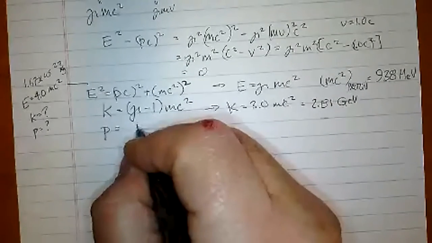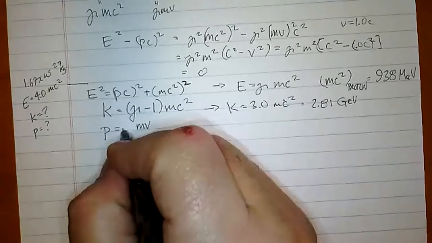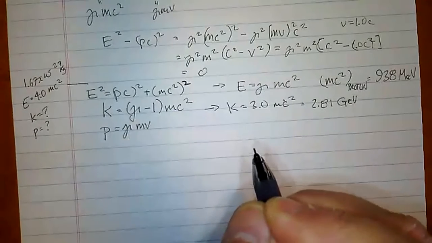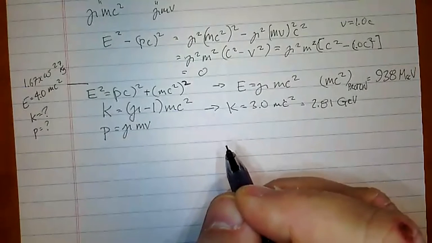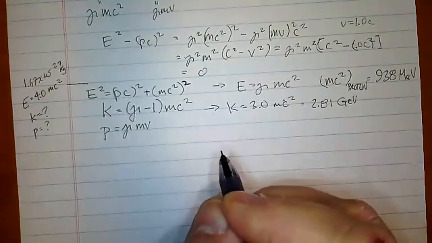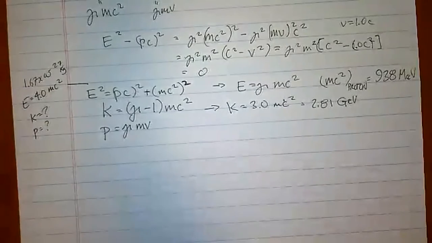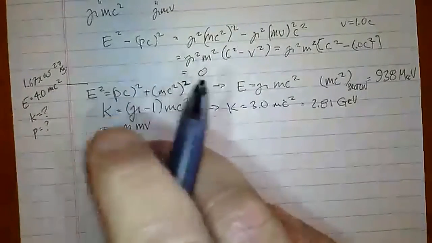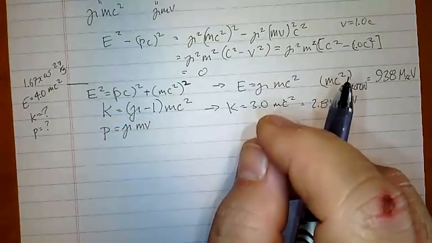Yeah, in classical it's just MV, but in relativistic, we just add the gamma on the front. Gamma MV. It's a V, I wrote it wrong. It looked more like a U than a V. They're asking for kilograms meters per second.